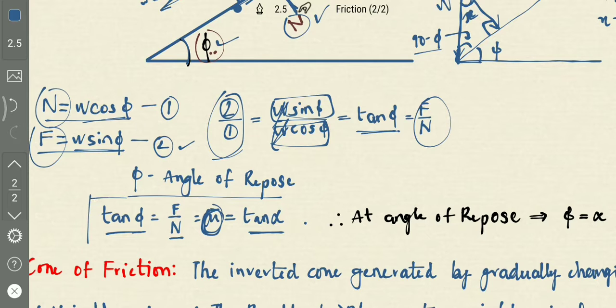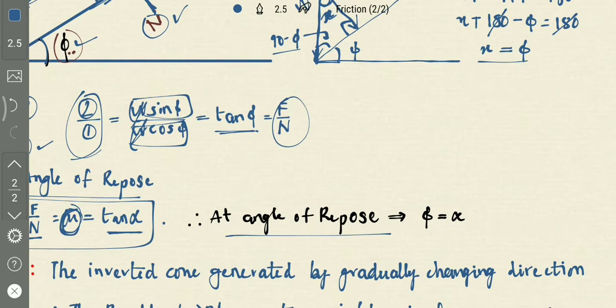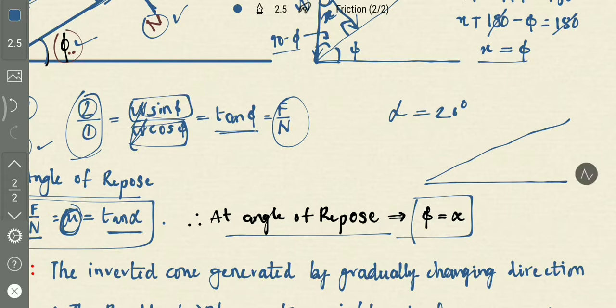And from this we can say that at angle of repose, phi is equal to alpha, which means if we find the angle of friction to be some 20 degrees for a body and a surface, then by constructing an inclined plane at 20 degrees, the body starts sliding down.